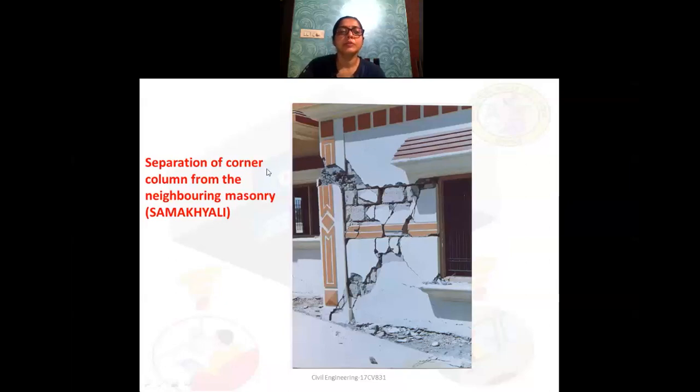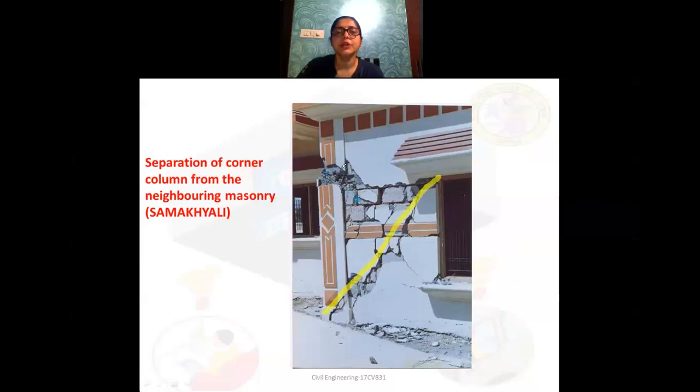Separation of corner columns from the neighboring masonry. This is also something that has happened in the shear wall. So due to the stresses in the shear wall, we can notice that from the window there is again an X type of failure.